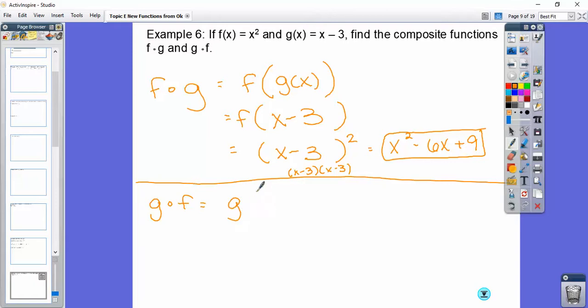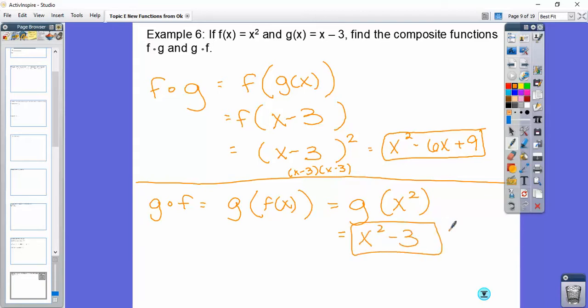So this time you have to plug in F. We're doing G of F of X. So F is X squared. So you go to G and you replace your X with an X squared. So we get X squared minus 3. Do you guys remember doing those?